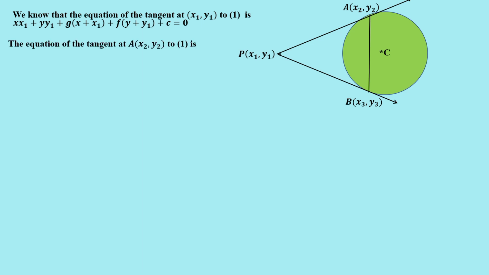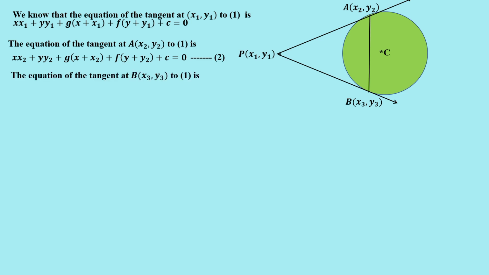So the equation of the tangent at (x2, y2), replace x1 y1 by x2 y2, right? So x x2 plus y y2 plus g(x plus x2) plus f(y plus y2) plus c equal to 0. So that is equation number 2. The equation of the tangent at B(x3, y3) to 1.